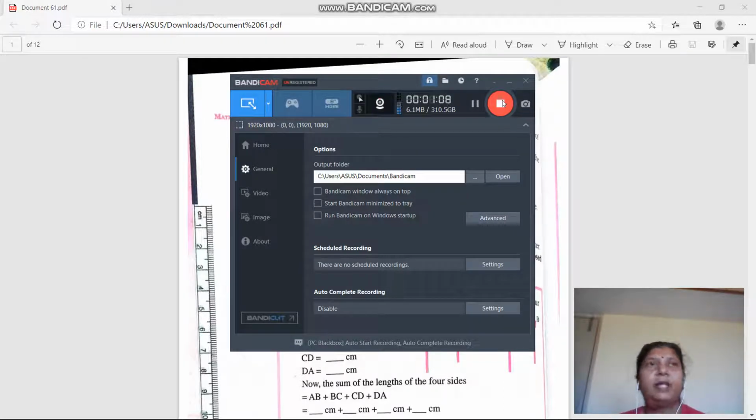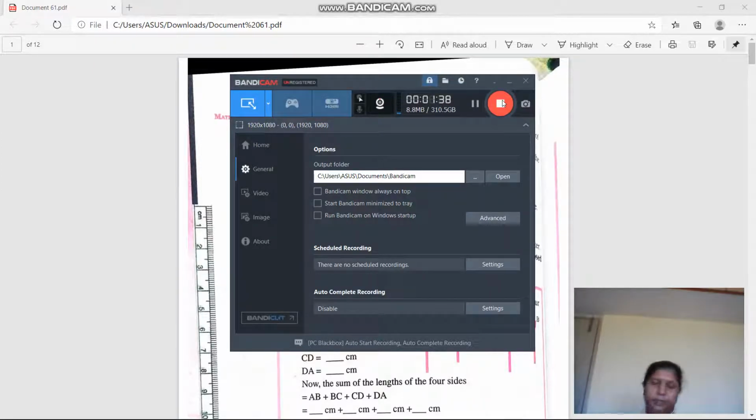If it is the perimeter of a triangle, then it is equal to the sum of all sides. Next, perimeter of a regular polygon is equal to number of sides multiplied by side. What is a regular polygon? A polygon having all sides equal is called a regular polygon. Clear everyone? Now we will discuss the examples solved on page number 208 and 209.